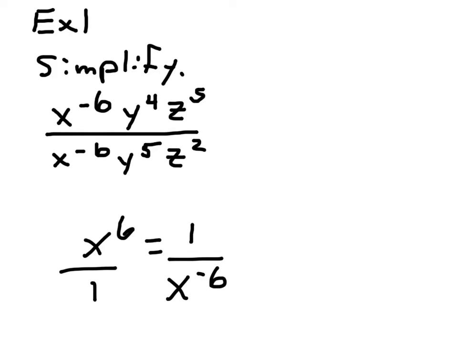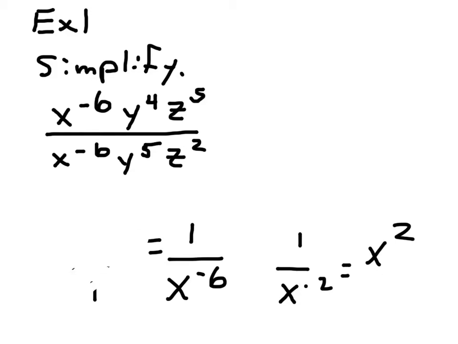It becomes x to the negative 6. Or say I have 1 over x to the negative 2. What happens if I move it up? Well, it becomes x squared. So it becomes the opposite when you move it up or down. So that's another way that you could take this first example and simplify it.